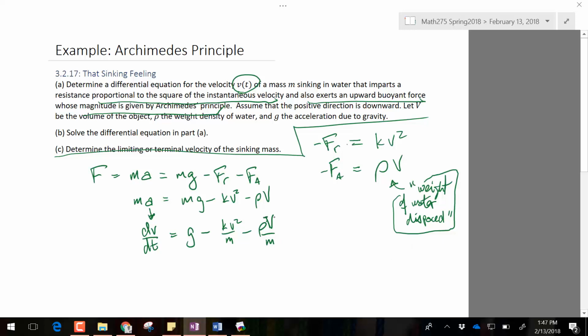Should we make this capital V look different? So capital V stands for the volume, and that's not the velocity. Okay? So this is our differential equation.